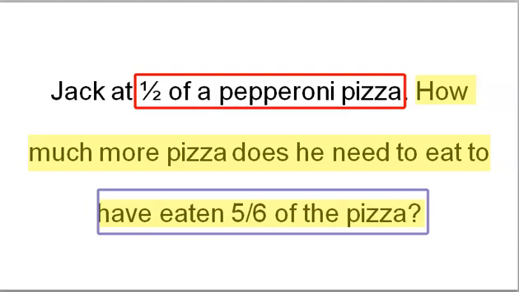How do I use the part that I know with my whole in order to figure out how much pizza he ate after he already ate the one half to have eaten a total of 5/6 of the pizza? So I want you to be thinking about those questions.